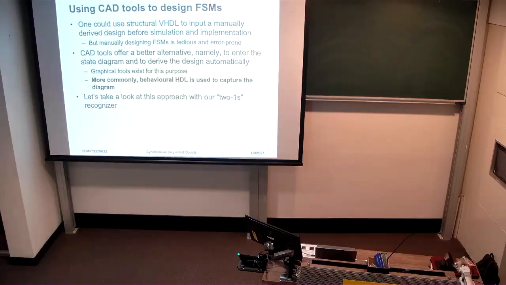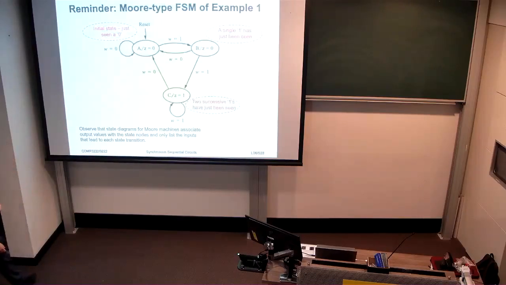So we're going to have a look at how that's done with the 2-1s recognizer that we've been studying. So recall that this is the state diagram for the Moore version of the finite state machine. We have 3 states, A, B, and C.